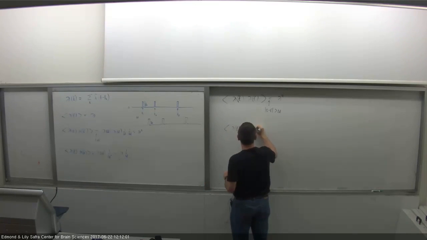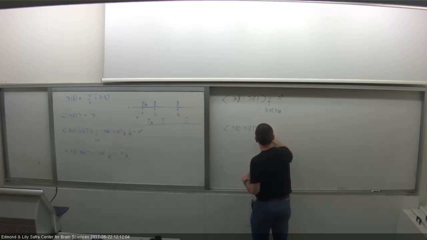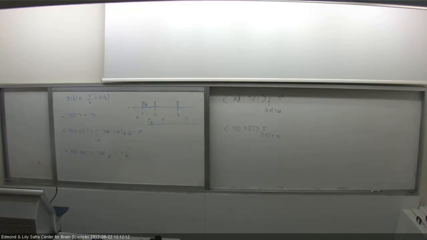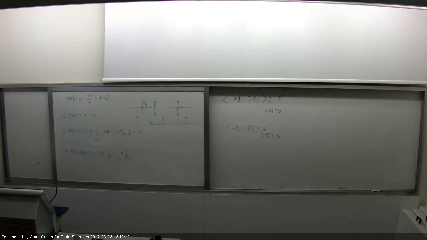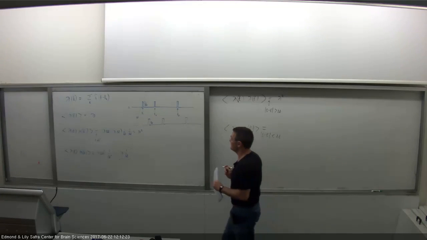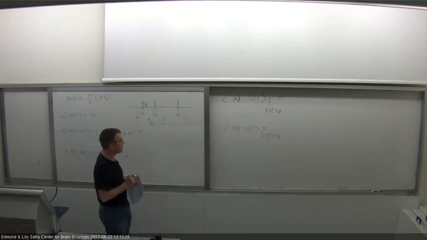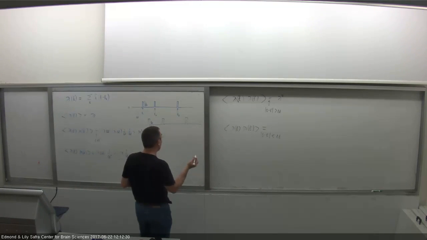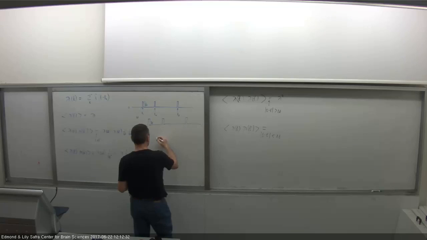So how will lambda t lambda t prime look like when the difference between t and t prime is smaller than delta t? So let's say that it's equal to half delta t.